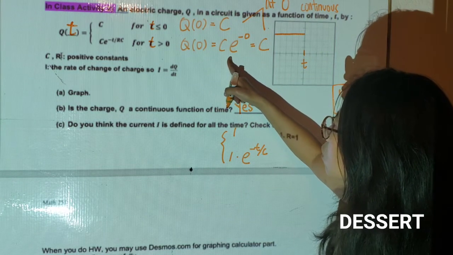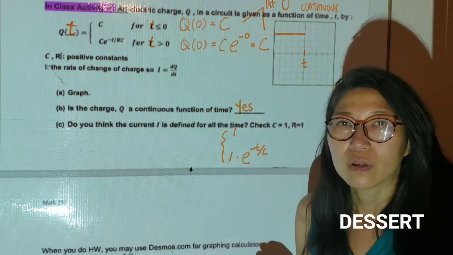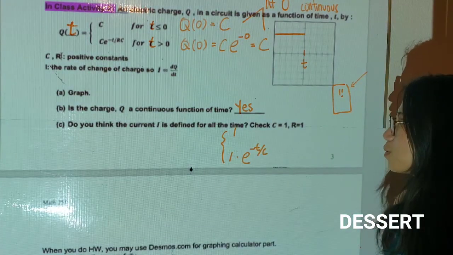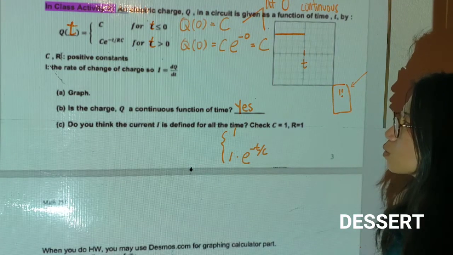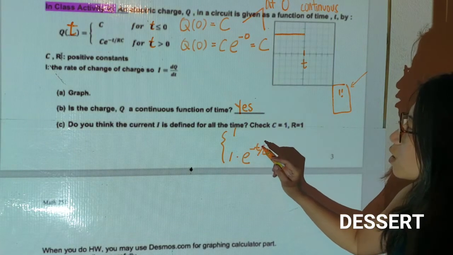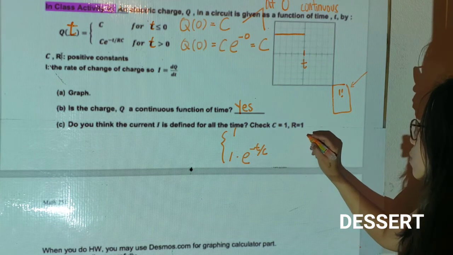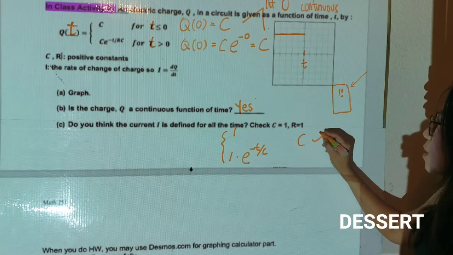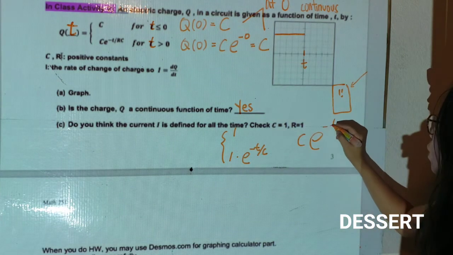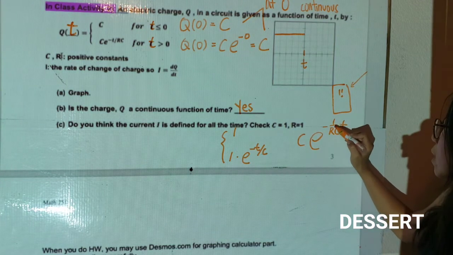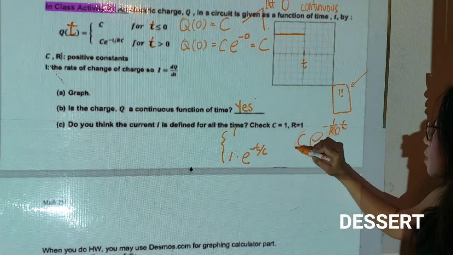But when you look at this one, do you see my function? I don't see it, right? So you have to be careful looking at this function. It's going to look like e to the negative. Young, how do you know? Because I know the big picture: C times e to the negative 1 over RC, to the t. If you look at it, this is a constant, this is a constant, this is a constant.